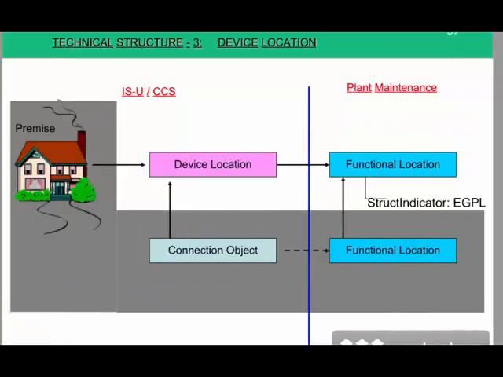Device location is also a functional location in plant maintenance, but the structure indicator is different for the connection object and device location. Device location, as you may know or will come to know, is the location where the device is installed in SAP.